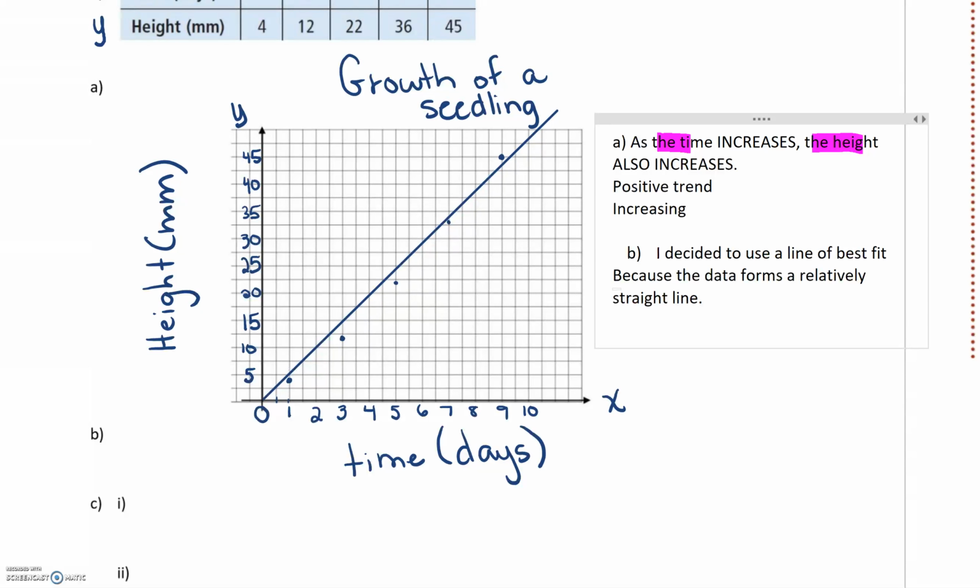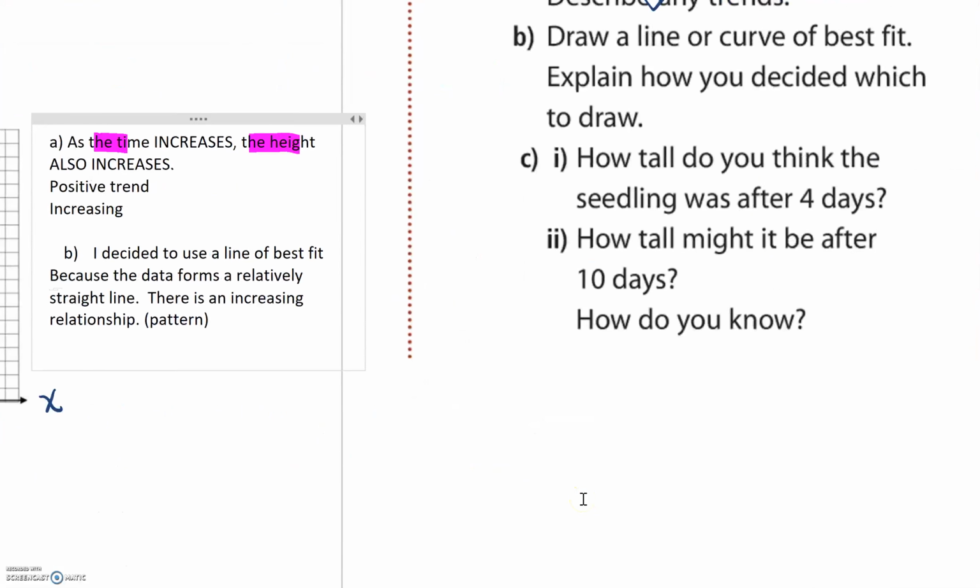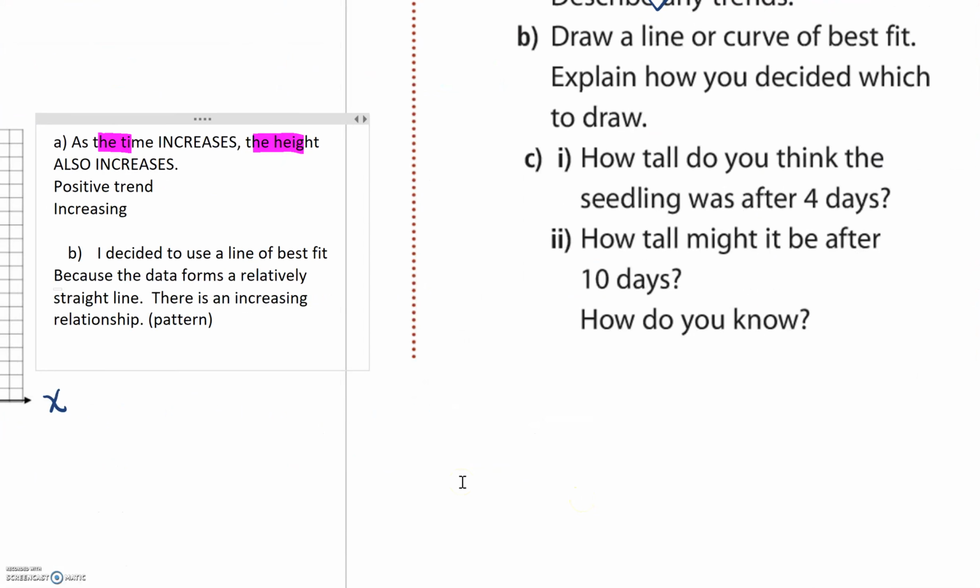Okay, so when there's a relationship here, there is an increasing relationship. So when there is a relationship, you see some type of pattern, okay, that means that you can draw your line of best fit.